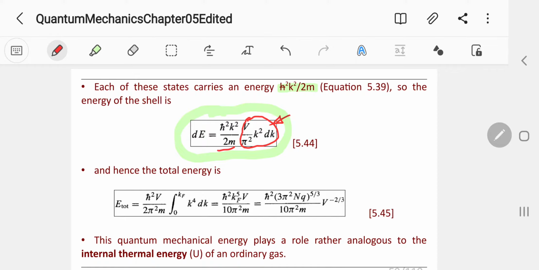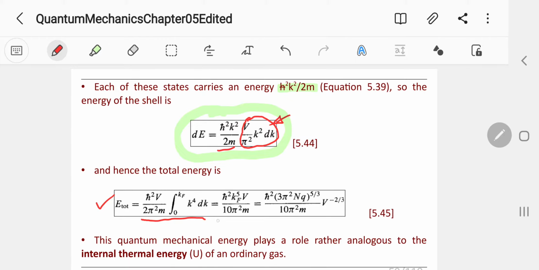And so if you want to get the total energy, you just have to get the integral of dE on the left side and then on the right side. So you will have E total to be this one here.